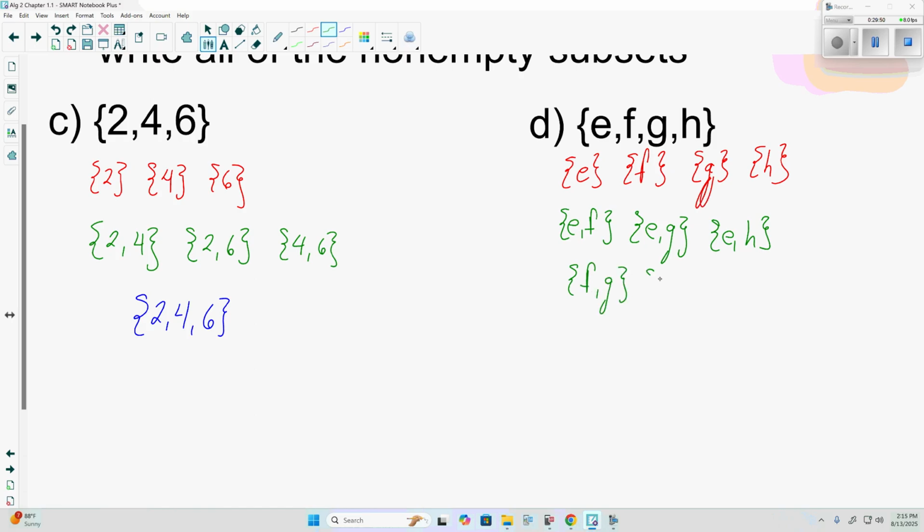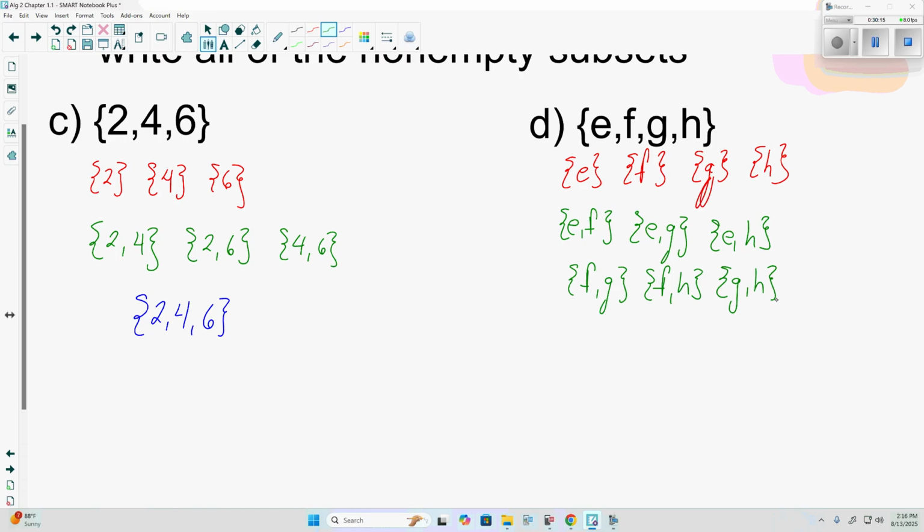And then FH. And lastly, we have GH. So those are indeed all the two element subsets, yes?